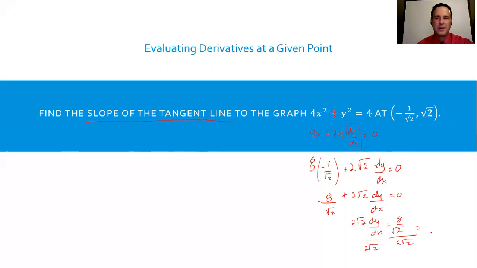Okay, now what does that mean? Like, dang, that looks ugly. I'll say this, on an AP test, you could just stop right there. Okay, you've actually solved for it. But imagine this. This is really 8 over 2, which is 4. And you basically have, I'll just kind of show it like this.